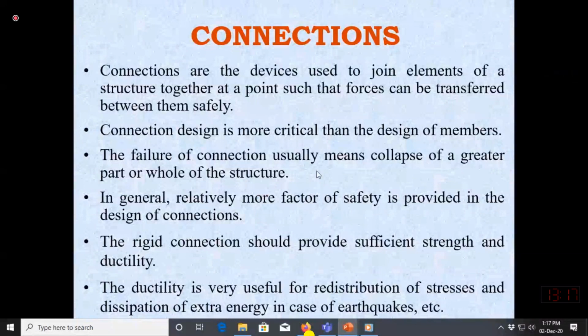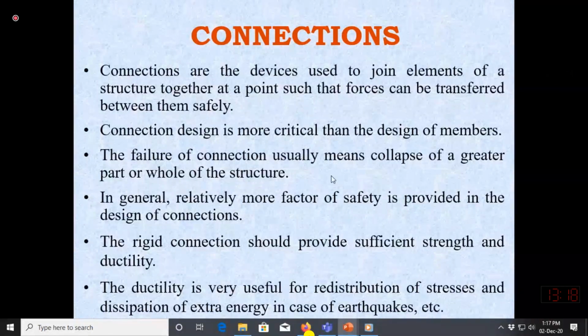This means that the design of this gusset plate and the number of fasteners required to transfer the force safely from member to the gusset plate is also very important. So we will learn how we can design different types of connection.